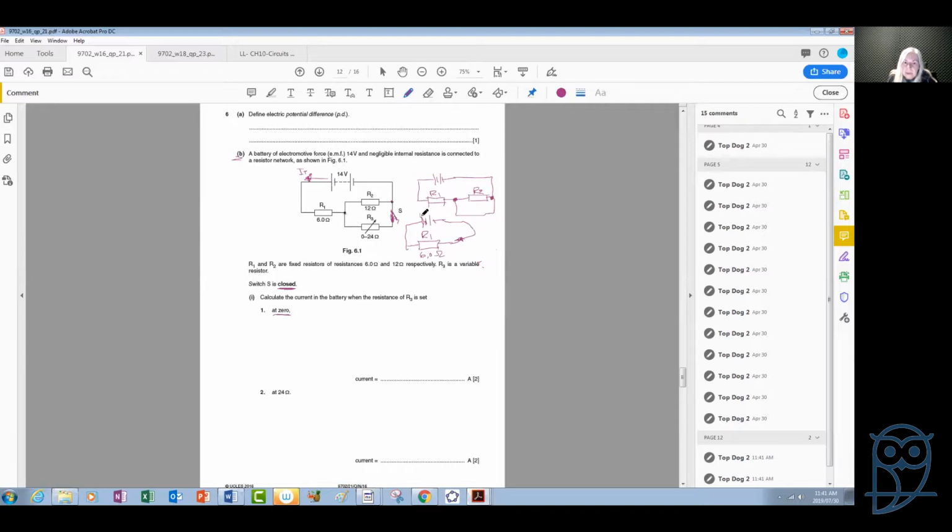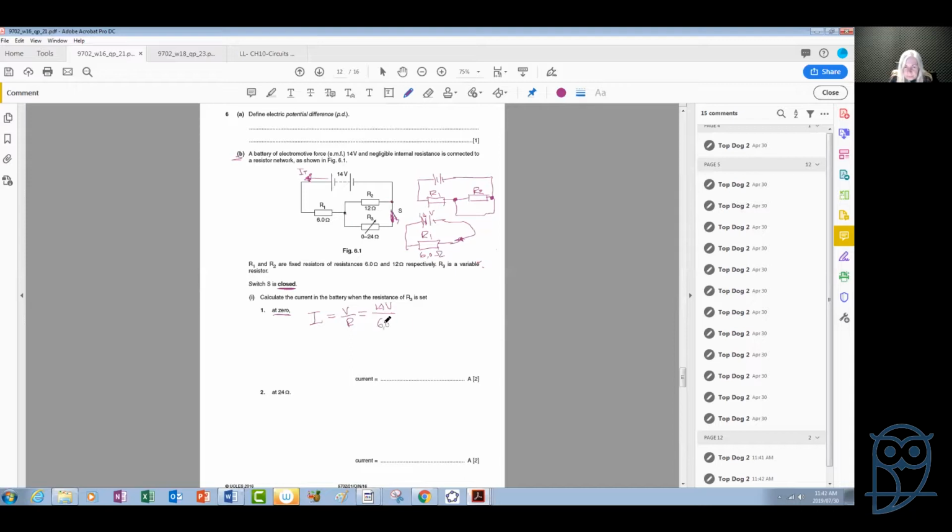And this is 14 volts. What must we find now? Calculate the current in the battery. So we have the current in this circuit, which contains just one resistor, 6 ohms. And obviously we apply Ohm's law. The current is V over R. V is the EMF of the battery, which is 14 volts, and the resistance in the circuit is just the 6 ohms.